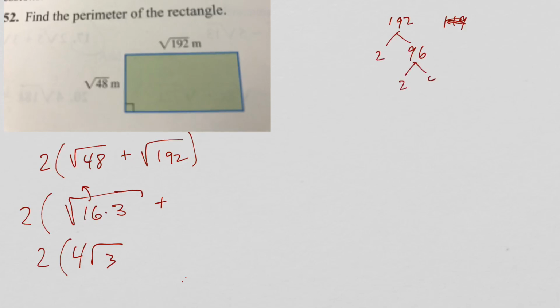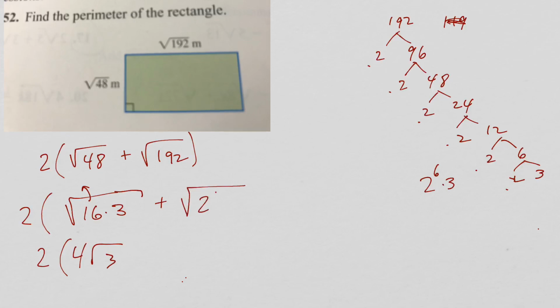This is 2 times 48. This is 2 times 24. This is 2 times 12, 2 times 6, 2 times 3. So this is going to be 2 to the 1, 2, 3, 4, 5, 6. So when I take out the 2 to the 6, I get 2 to the 3. Which is 8.